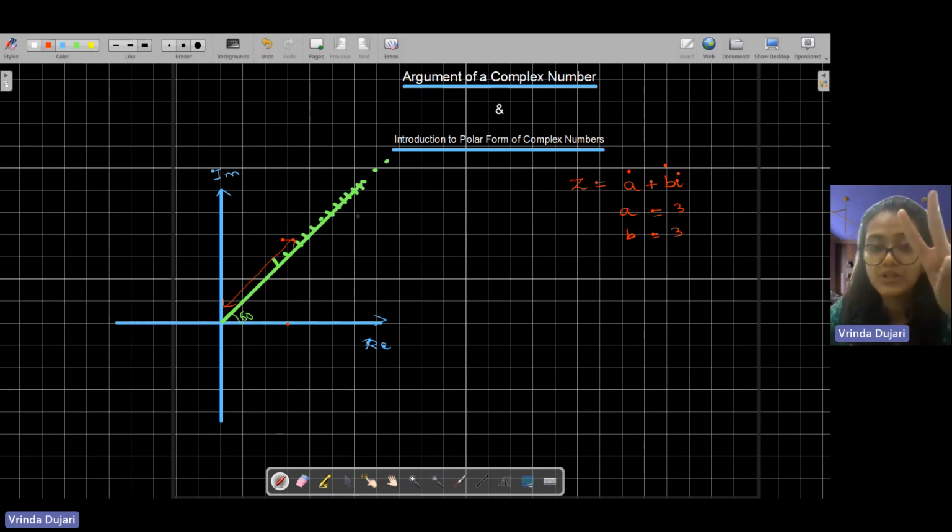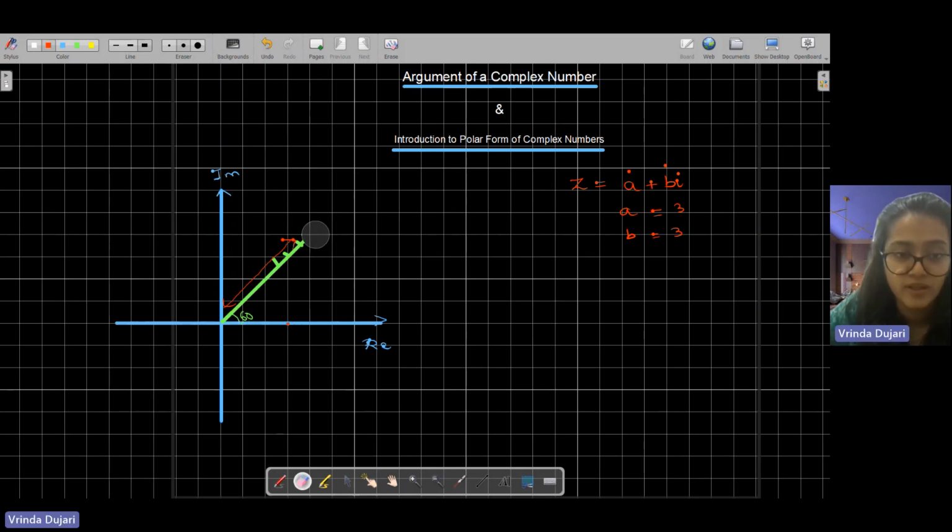So if I know these two things, what angle my complex number is making from the real axis and how far away it is from the origin, then I would be able to fix the position or the location of the complex number, right? I hope you got it. So as I mentioned, this is the second way to represent or to plot a complex number on the complex plane.